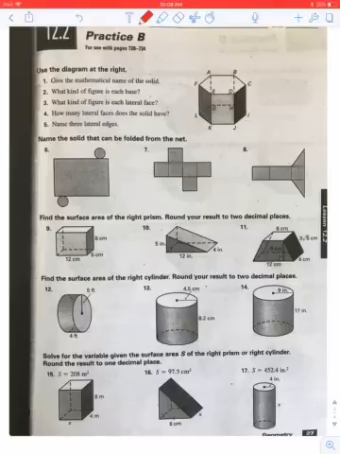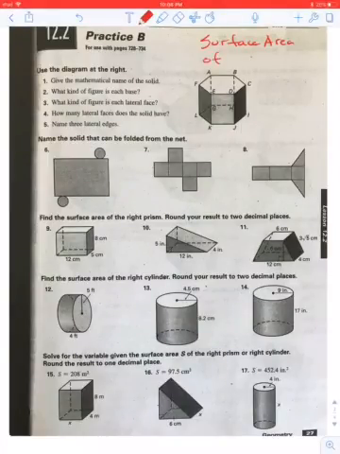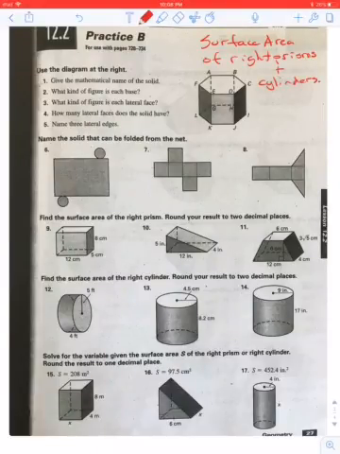Okay, this section is going to be surface area of right prisms and cylinders.